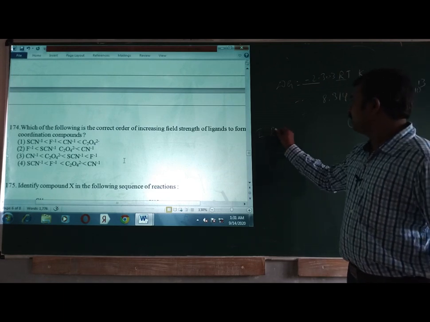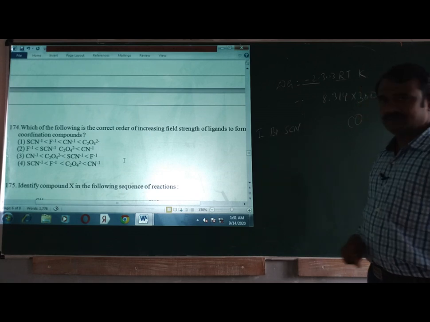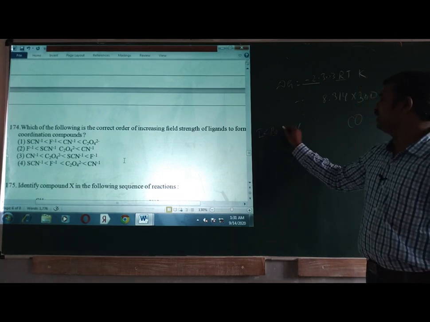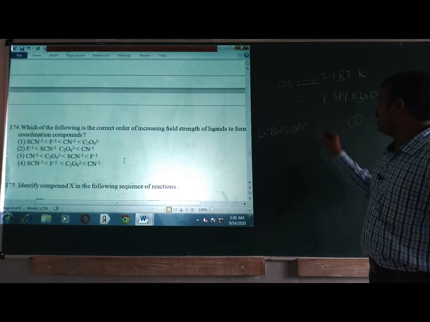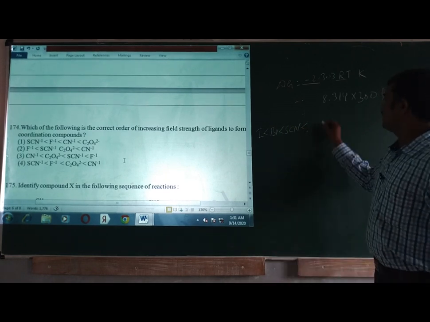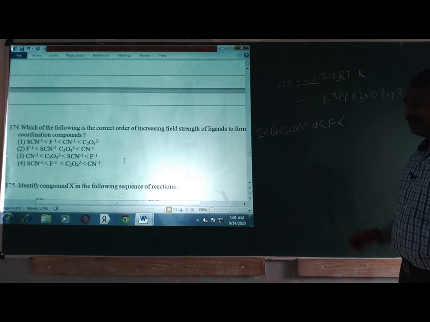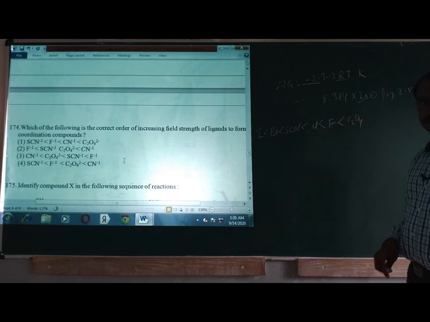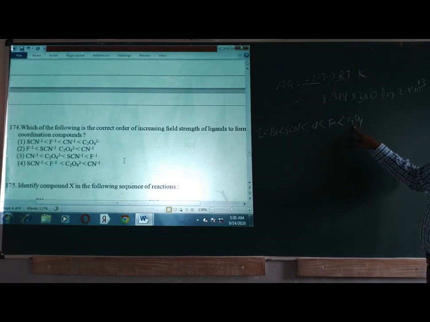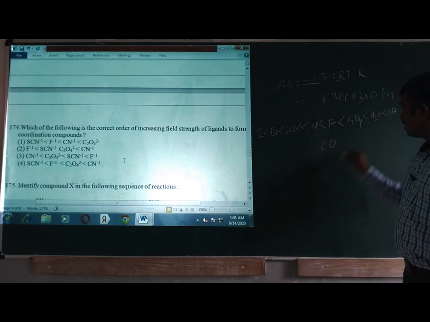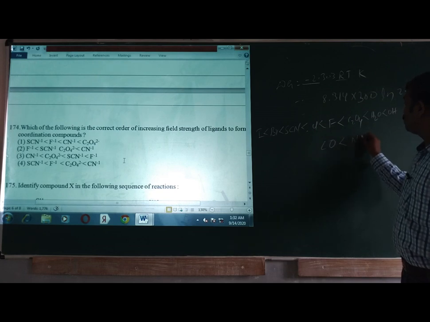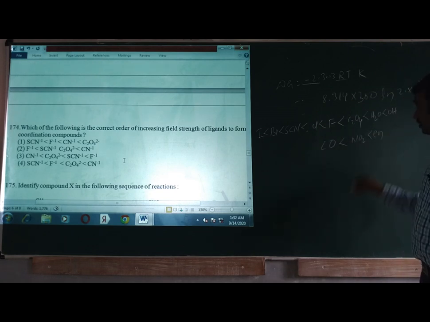Iodine is weaker than bromine, bromine is weaker than thiocyanate, thiocyanate is weaker than chlorine, chlorine is weaker than oxalate, C2O4, oxalate is weaker than H2O and OH, and here NO2 and ethylenediamine are mentioned, and here the cyanide.